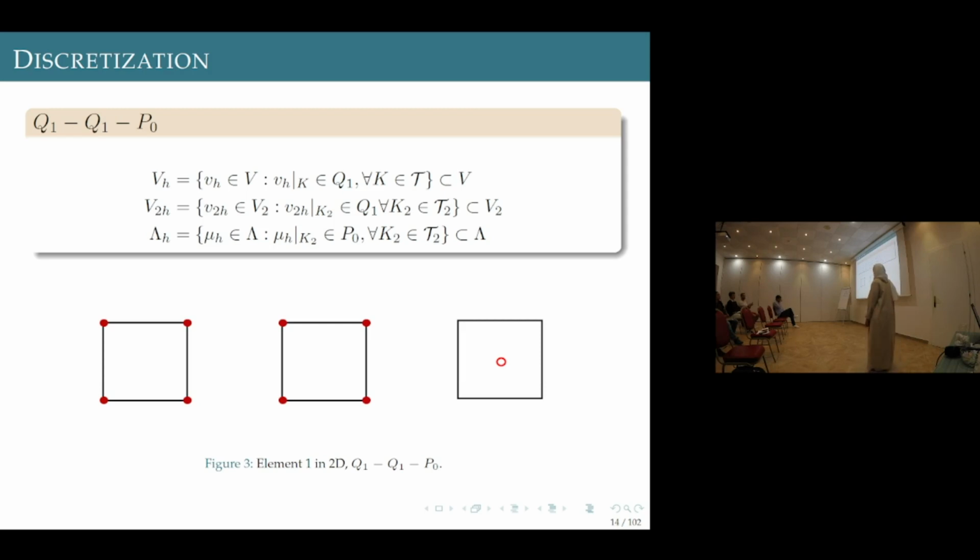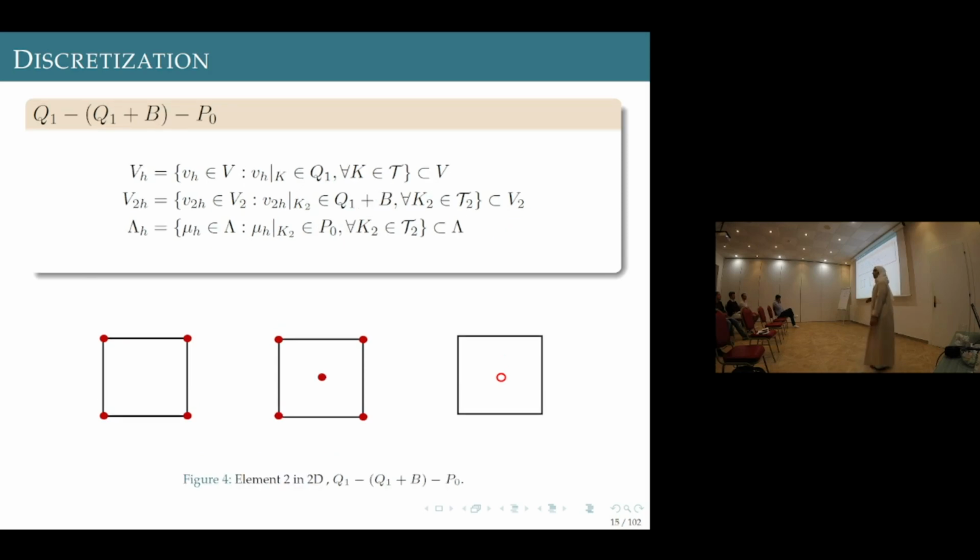The last space is lambda H, and we're approximating the solution there using piecewise constant Lagrange polynomials, and this uses 1 degree of freedom located in the center of the element. And obviously, this is discontinuous from one element to another. However, those are continuous. They have this common node at the vertices, so it's connected from one element to another.